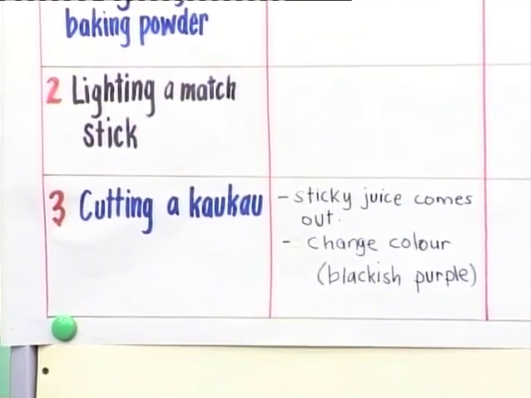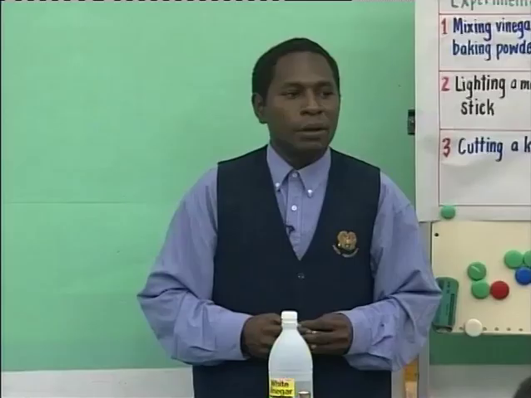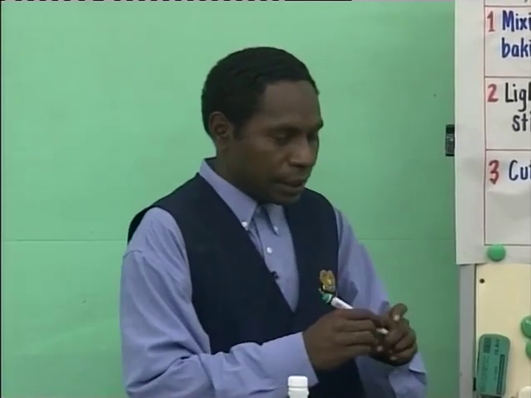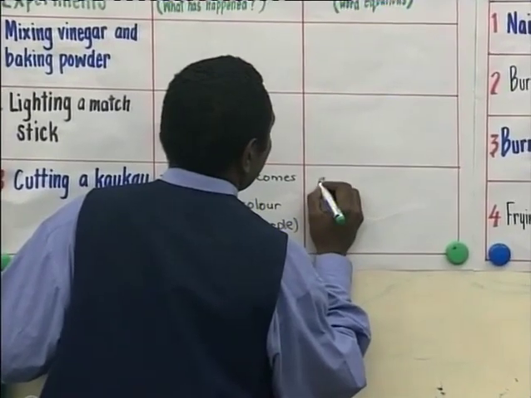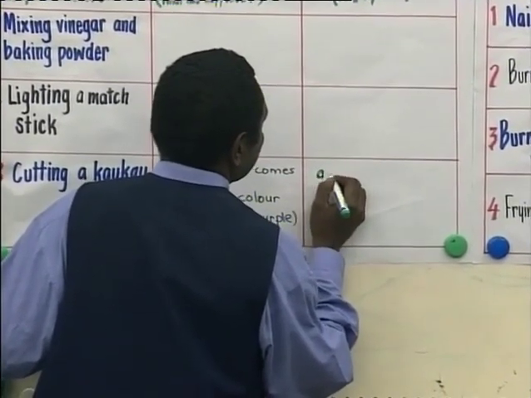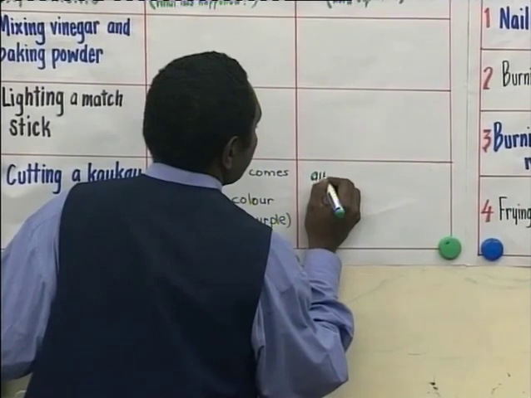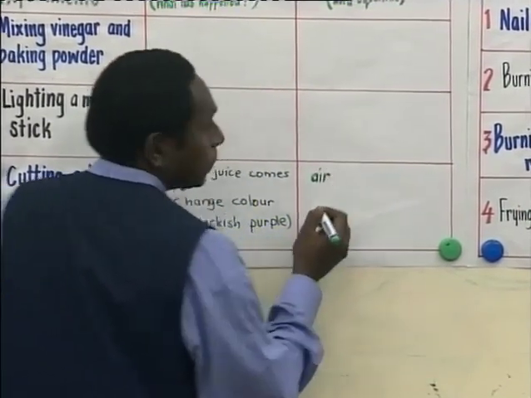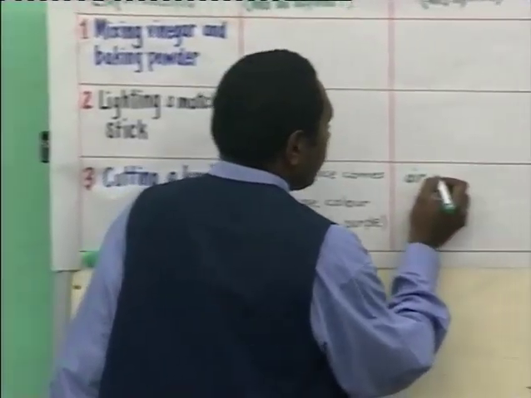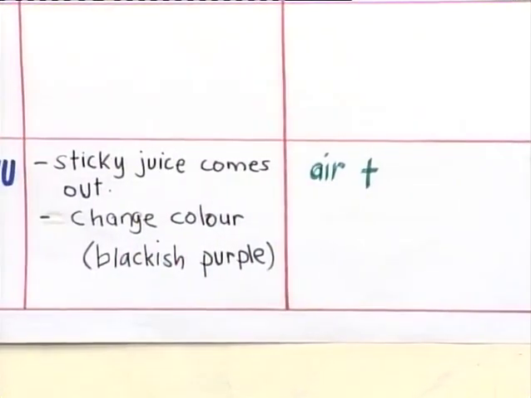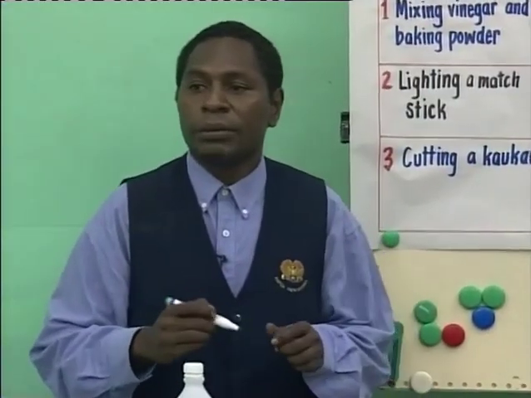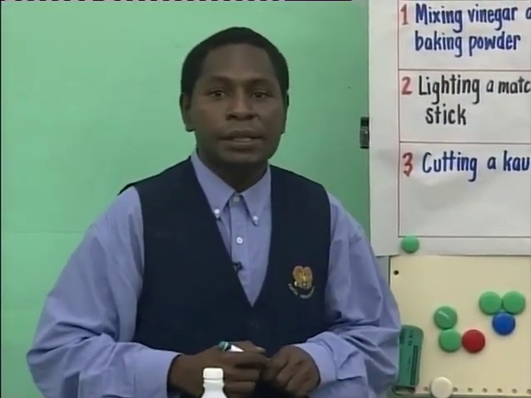Okay, you may tell your teacher. Now, let's hear from Walter. Chemicals in the air. Okay, from the air, right? So let's say air. Air plus what will give that? Air plus the cow.